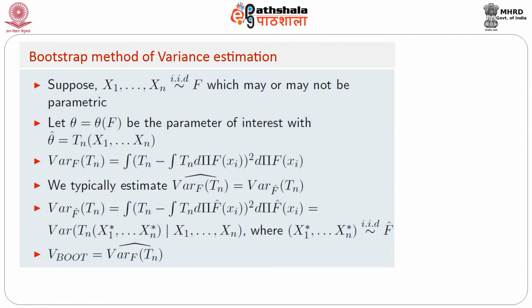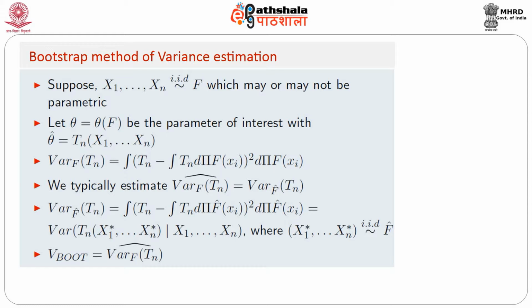As an example, let's see the bootstrap method of variance estimation of a statistic. The problem is the usual one. We have a random sample x1, x2, ..., xn which follows IID a distribution F, and F may or may not be parametric.